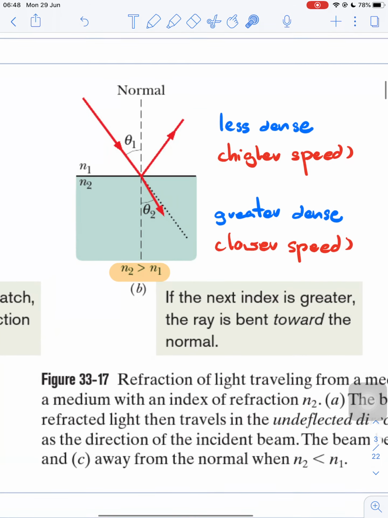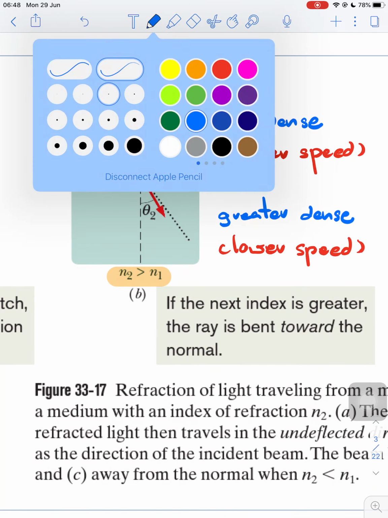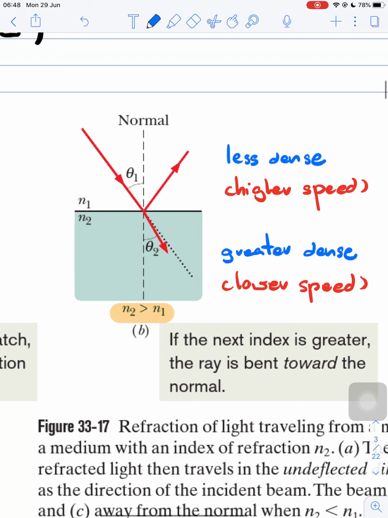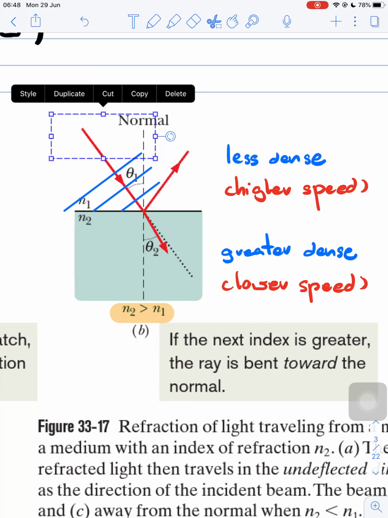Then from this picture, let's draw the wavefront of the electromagnetic wave. This will be the wavefront of the incident light ray.